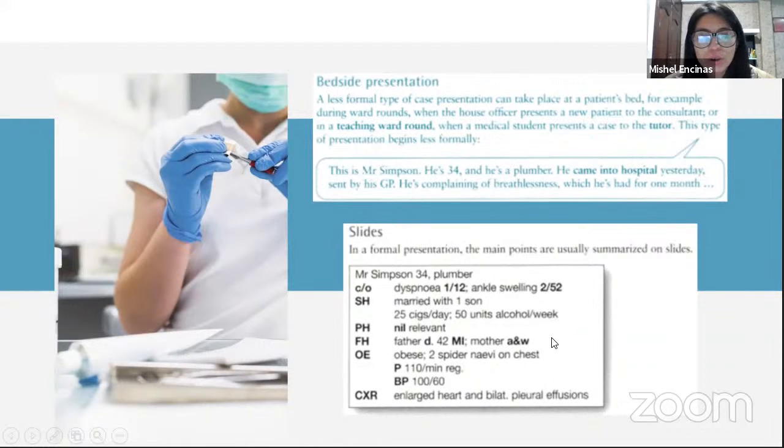I really don't know what those kinds of abbreviations are, but you maybe know because you do these kinds of slides to talk about your patients, right? When you don't have a lot of pages writing about their clinical history.